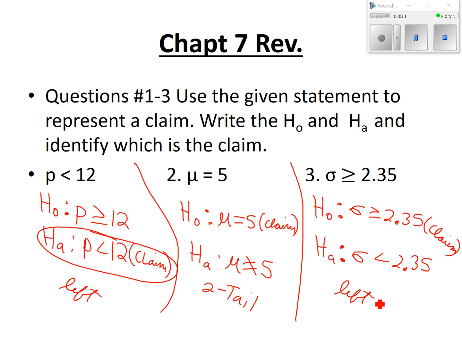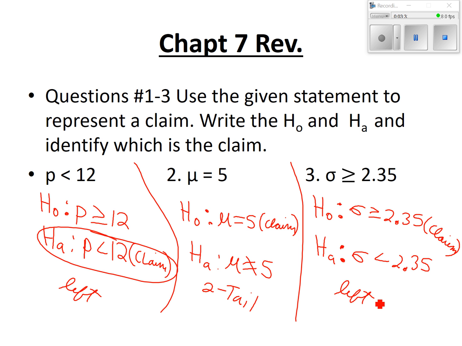I'm a bit unclear as to what determines whether HA or HO is the claim. You always look right here. This is the claim. So whatever they give you is the claim, or whatever they say in the sentence or paragraph. What's the sign? And we look right here.